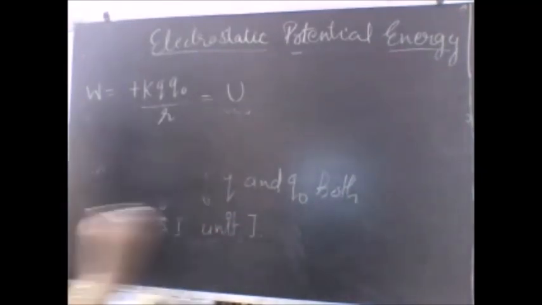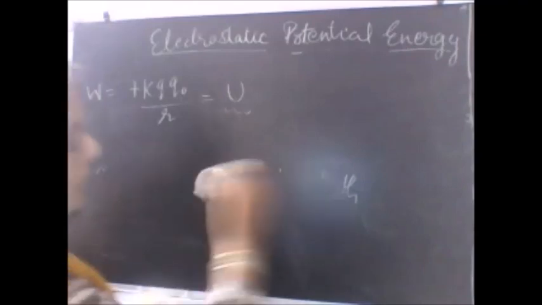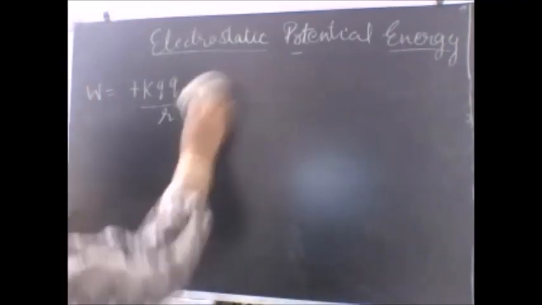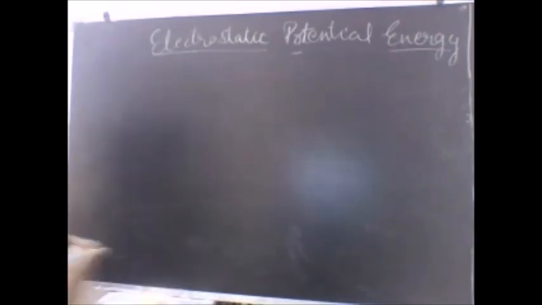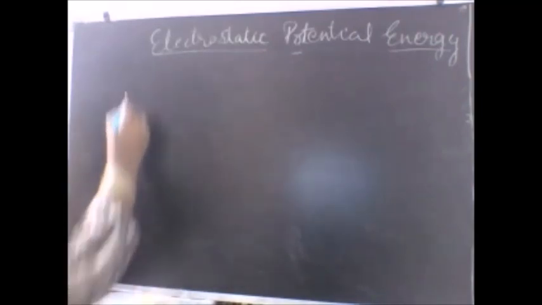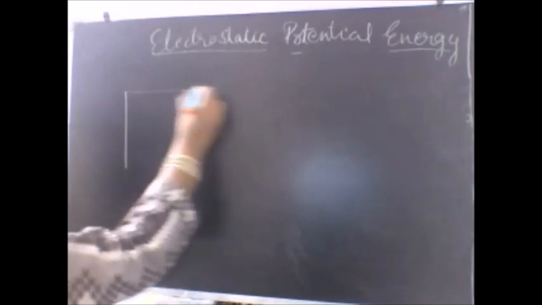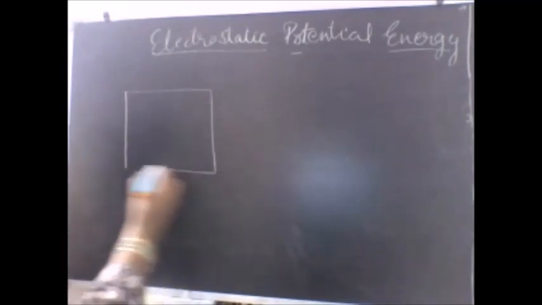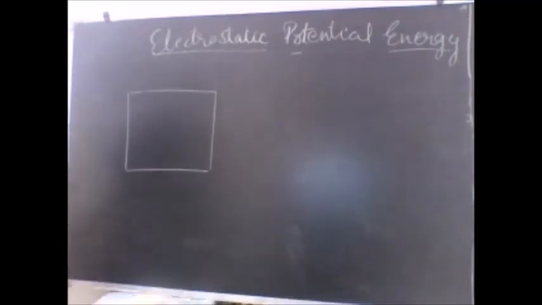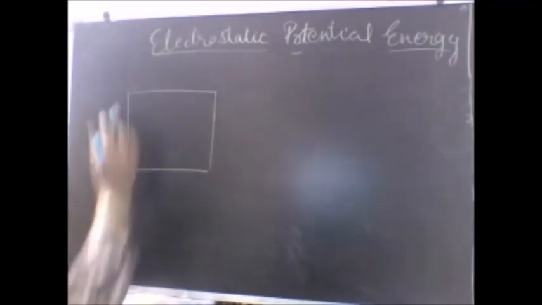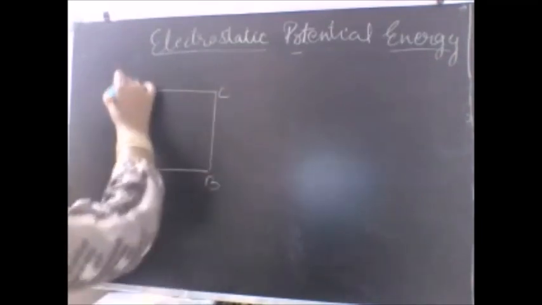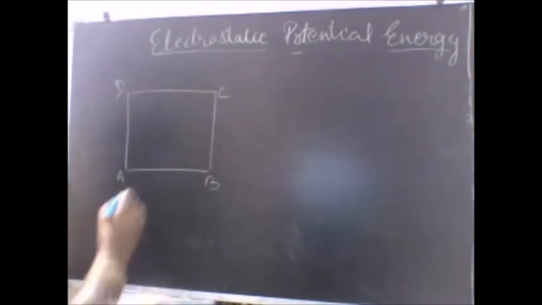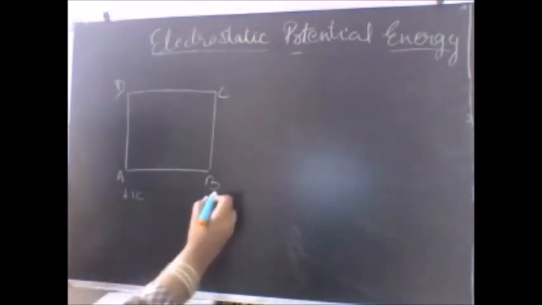So from this knowledge of work done and the electrostatic potential energy, we can solve various questions of the combination of the charges. So we are going to do one such question here, wherein we have to find out the energy stored in that system. So assuming that you are given a question where a square is there, and at the vertices of the square, let me call the points A, B, C and D, you have to put a charge of say +1 coulomb at each point.